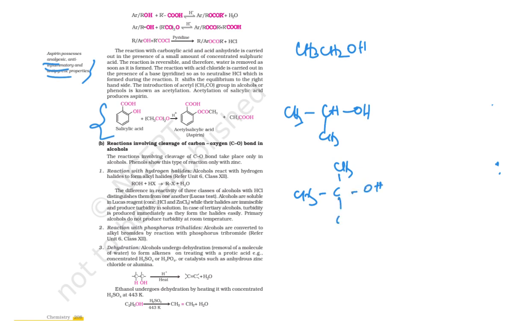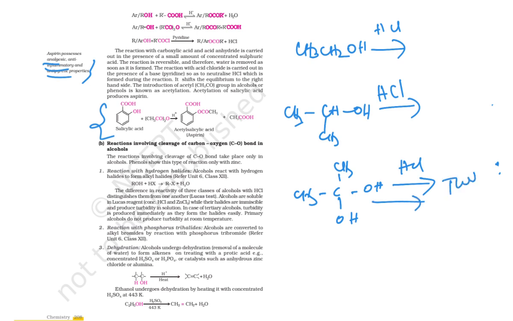So now I am going to use the Lucas reagent, that is HCl, right? In this, the zinc chloride is not needed for tertiary alcohol, as it is more reactive. So you will get turbidity as soon as you add the HCl. But in the case of secondary alcohol, it needs the Lucas reagent, ZnCl2.